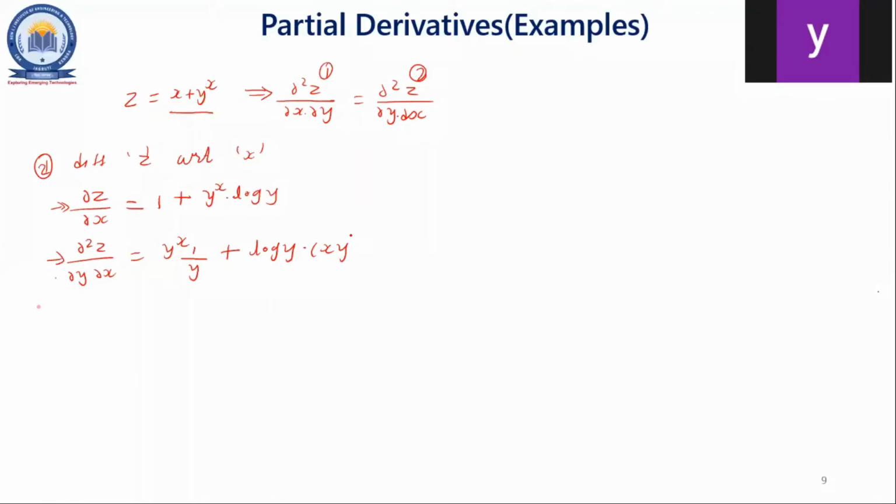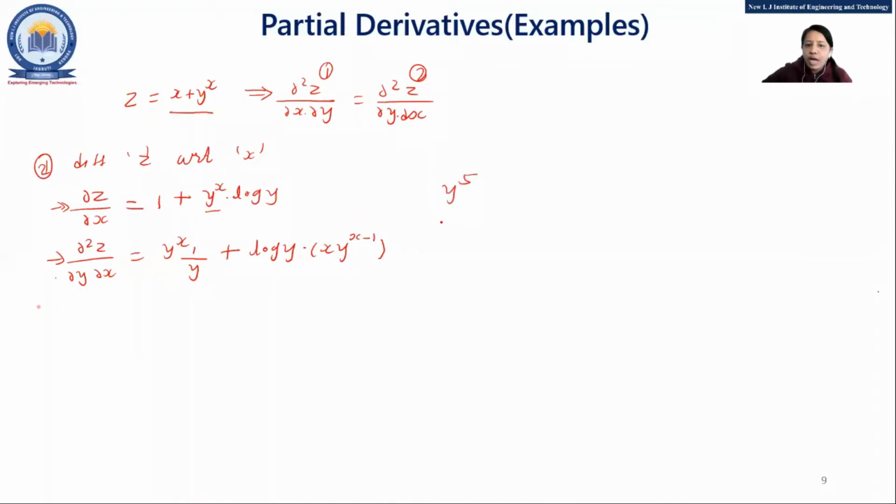xy whole raised to x minus 1, or y raised to? How is it xy whole raised to? How is it possible? See what you are doing. Y raised to x, that means what? Say for example we are doing with respect to y, suppose y raised to 4, so how are you writing? You are writing 5y4, right?